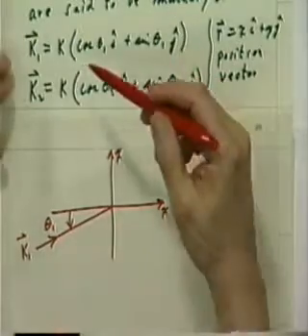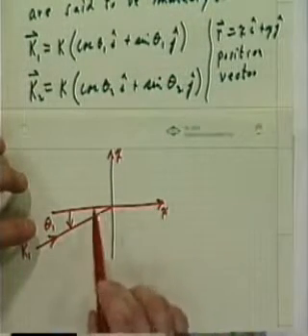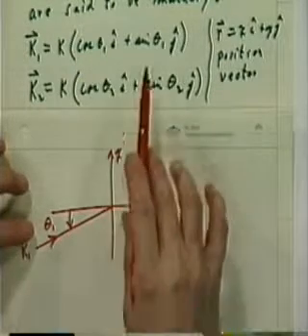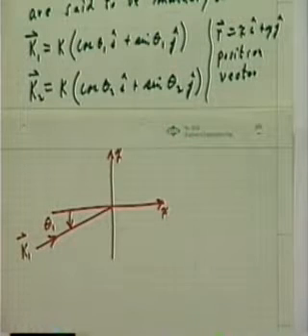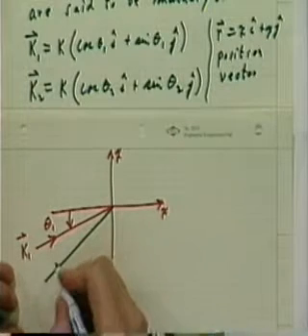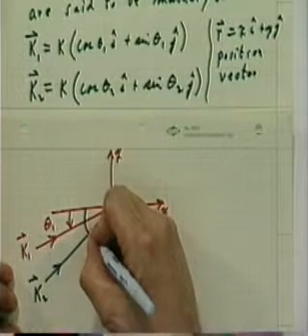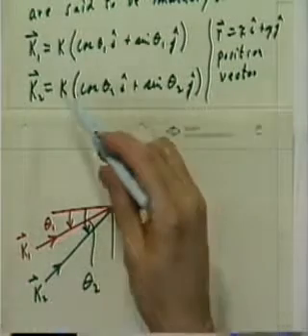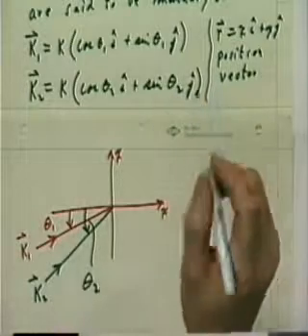So k1 was k, 2 pi over lambda, times the cosine of theta 1 in the x direction, plus the sine of theta 1 in the y direction. And then the next one, k2, is at some other angle, theta 2. And again, k2 was k cosine theta 2 in the x direction, plus sine theta 2 in the y direction.